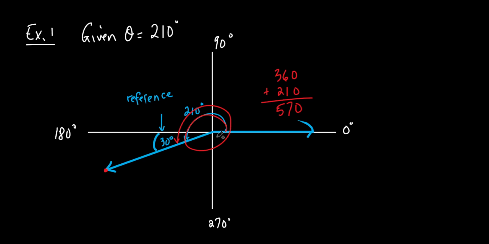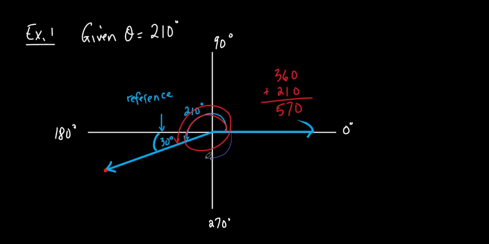Is there just one other coterminal? No, I could have added another 360, another one. I could have kept on going in circles all day long. You take the 360 and add it to that angle right there. How do you get a negative coterminal angle?